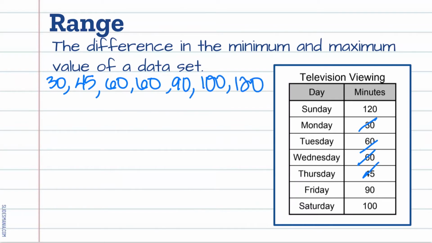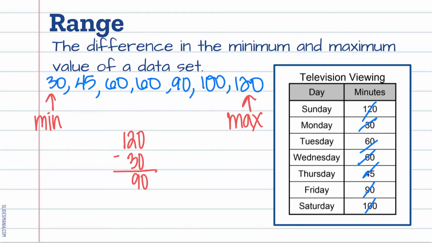You don't have to order the numbers, but sometimes when we have sets of numbers that include a lot of values, it's easier to cross them off one by one as you order to make sure that you don't forget any. So 30 is my minimum value. This is the smallest value in my data set. And 120 is my maximum. So the difference, or the distance between those two numbers, is 90, because I can do 120 minus 30 to get 90. So my range here is equal to 90.